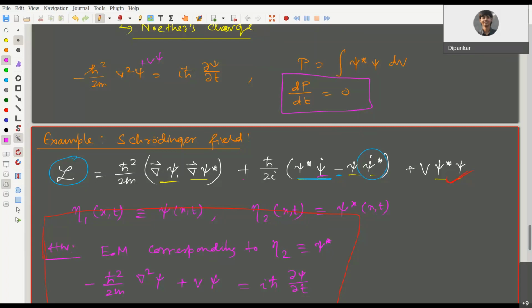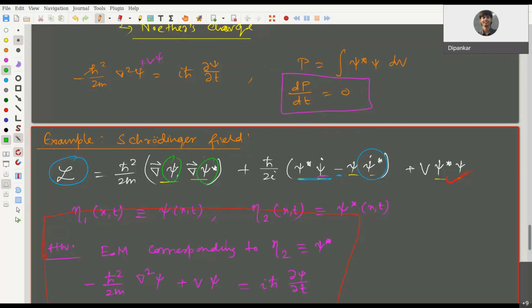If I ask you why your total probability is conserved in quantum mechanics, you say, oh, from the Schrodinger equation we can prove this. That's it. But now you have a deeper understanding of why your probability is being conserved, because what you call the Schrodinger equation can be more generally thought to come out of something called the Schrodinger Lagrangian that involves these abstract fields.